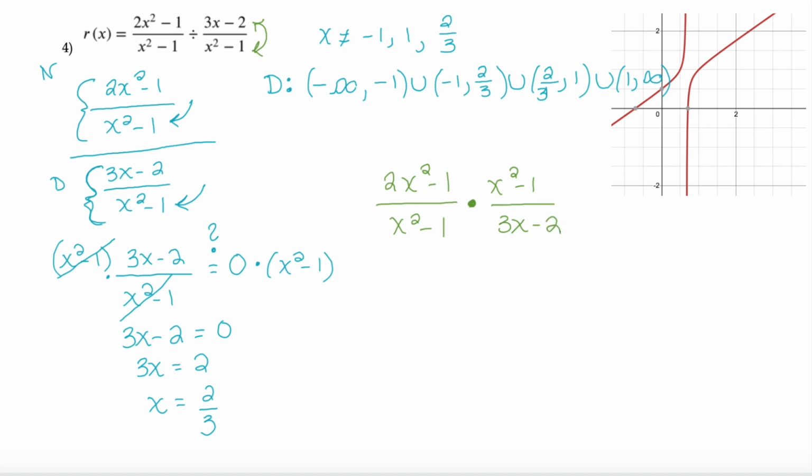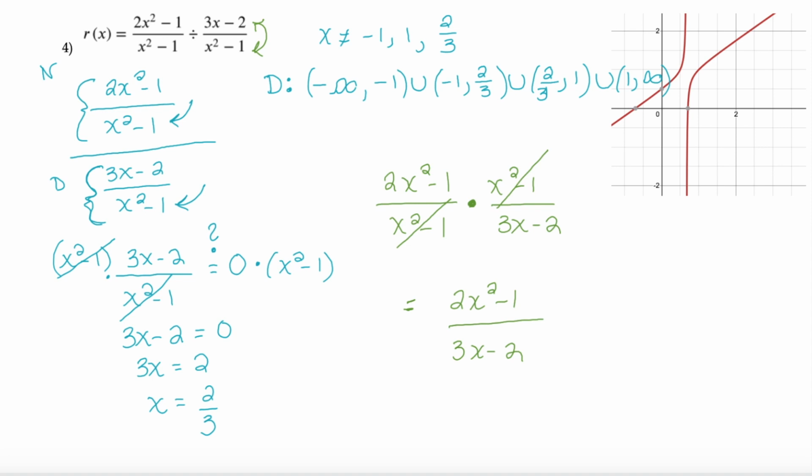At this point, we can certainly see that we have a common factor in the numerator and denominator, which is eliminated. So that our simplified form is 2x squared minus 1 over 3x minus 2.